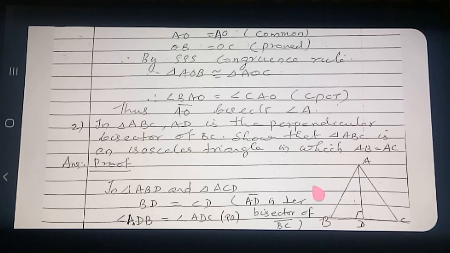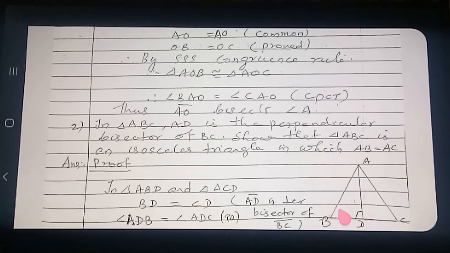In short, what do you want to prove? AB equal to AC, only that you want to prove. Question again, read it. In triangle ABC, AD is the perpendicular bisector of line segment BC. What is the word meaning of perpendicular bisector?